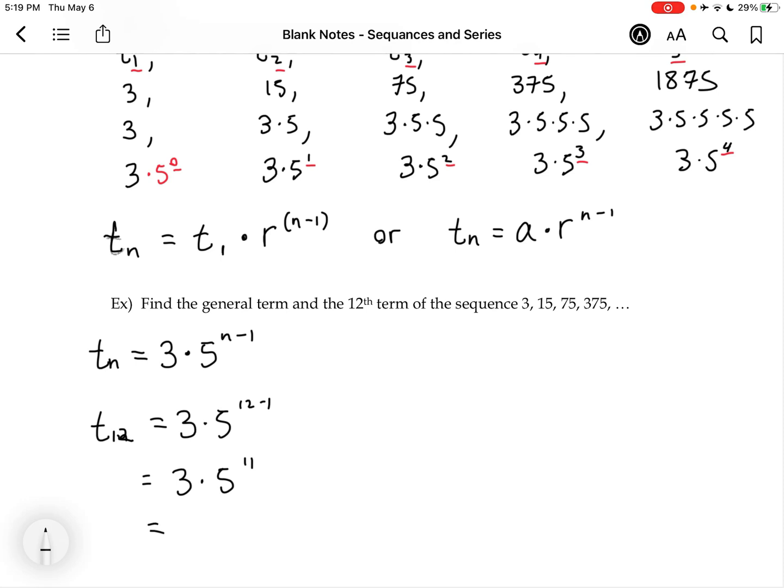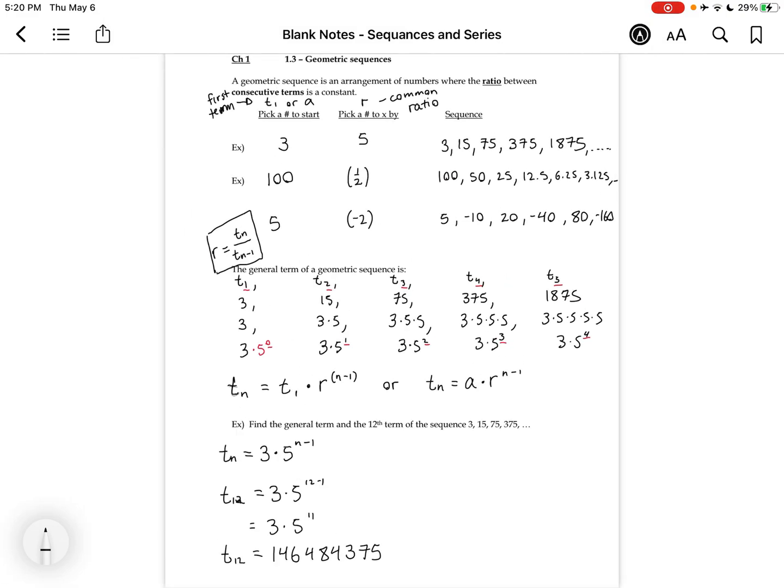I'm just going to do that on my calculator quickly. Wow, that's a big number. 146,484,375. Okay, so that would be the 12th term in that sequence.